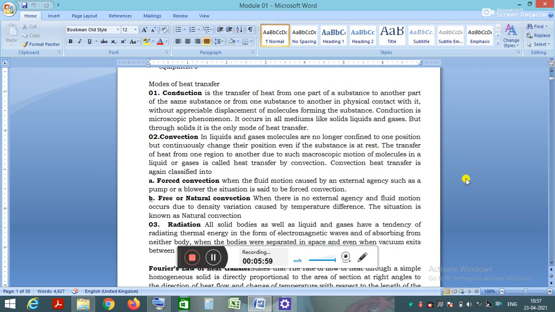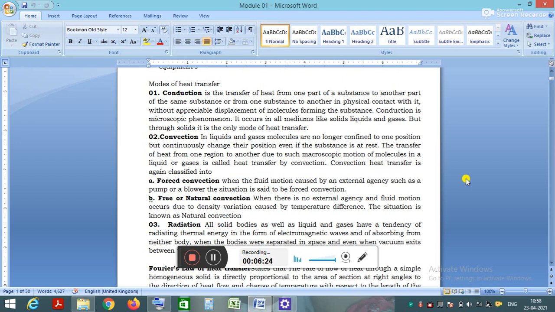Forced convection is the mode of heat transfer where the motion of the molecules is caused by an external source or external agency, such as a pump or a blower. Here the circulation of the liquid or gaseous molecules doesn't take place on its own.